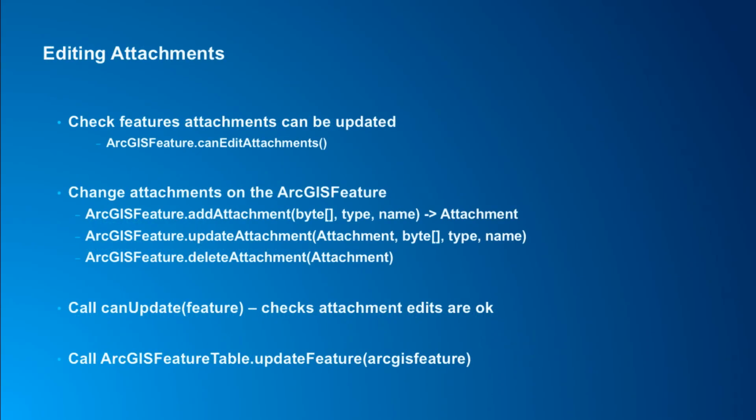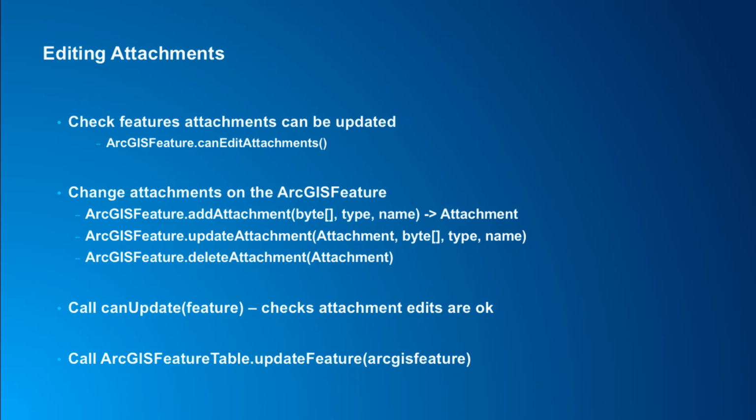In terms of editing attachments, again, you should call the method on the feature itself to see whether you can edit the attachments that are associated with that feature. That does checking on ownership-based access control and other things like that. You can then change the attachments on the feature by calling the feature add, update, or delete attachment method.